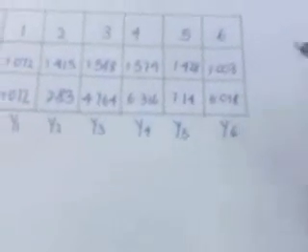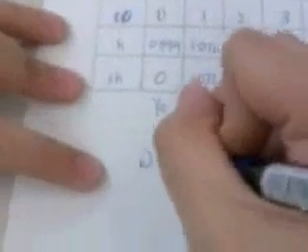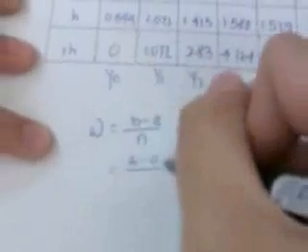Because it's until Y6, the number of strips is 6. So H is B minus A over N, where B is 6, A is 0, and N is 6 strips. Therefore, 6 divided by 6 equals 1.